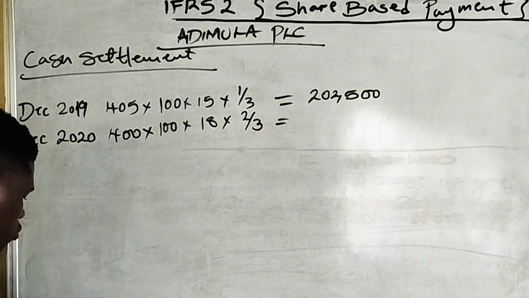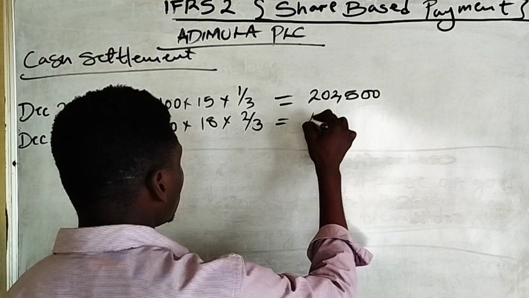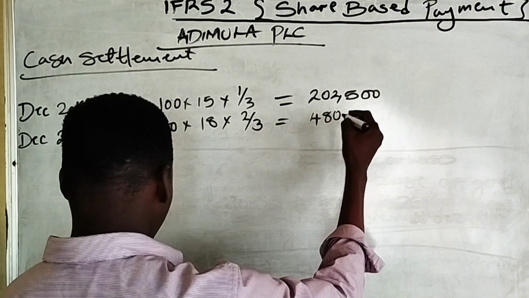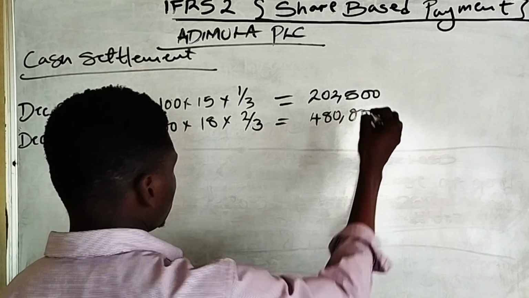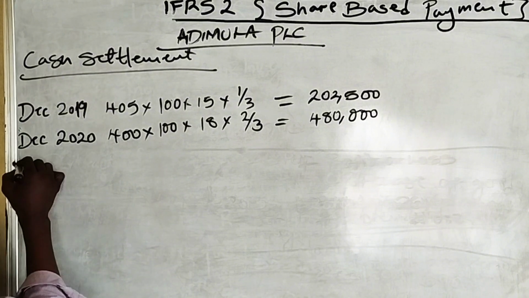So we have 400 times 100 times 2 divided by 3 times 18. So we have 480,000.